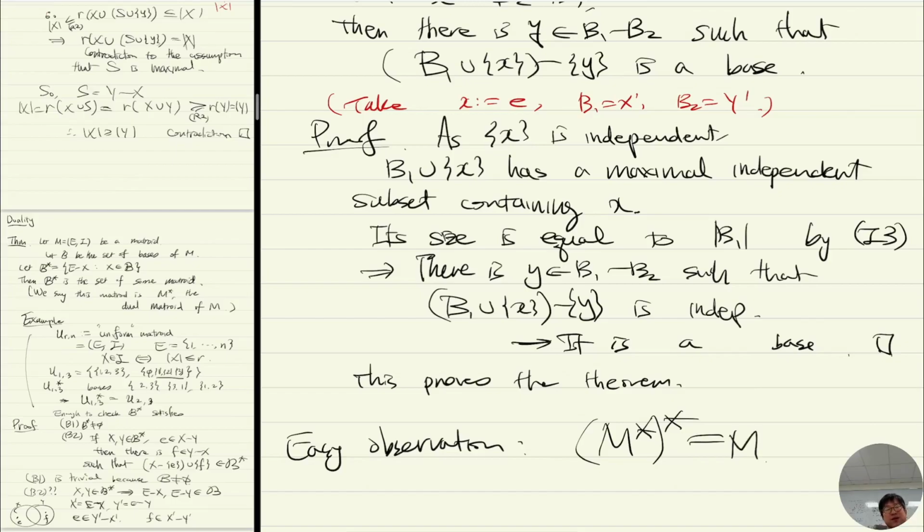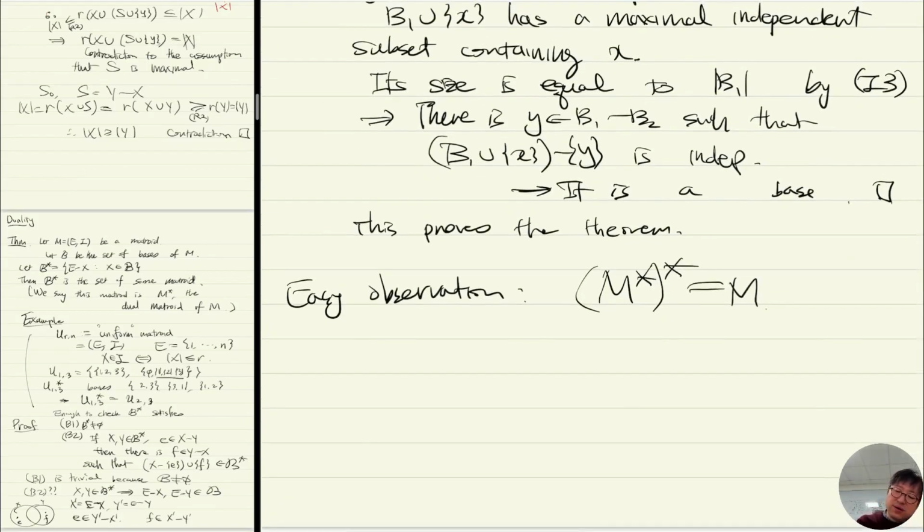The dual of the dual is itself. Now, why is this related to our intuition about graphs? Let's say I have a plane graph G. Now, what was the geometric dual?